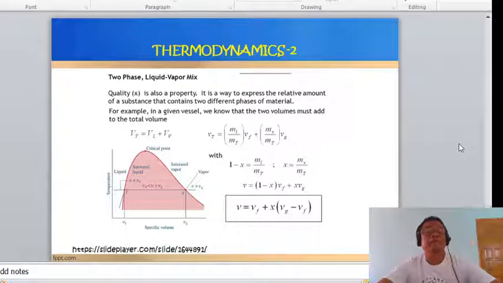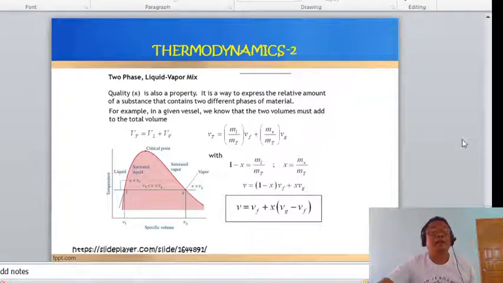Another, we have here, class, the formula for determining, for example, the specific volume. The specific volume is equal to the specific volume of the liquid plus the quality of the steam, X, multiplied by the specific volume of the gas minus the specific volume of the liquid.